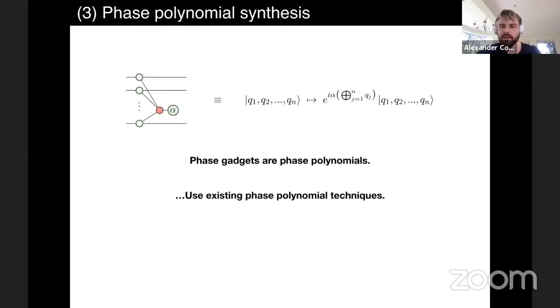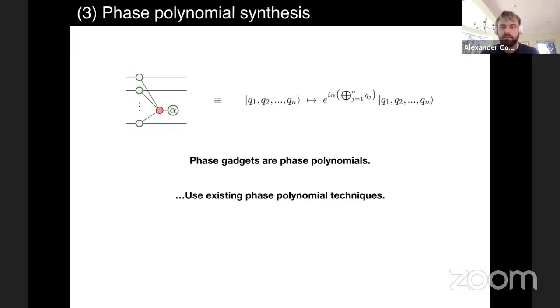The interior of the subcircuit here is purely Z basis, and therefore can be represented as what's called phase polynomials. So on the left we have a phase gadget, which, bear in mind, is equivalent to a Z basis Pauli exponential. And on the right we have the action of this phase gadget on the input basis states.